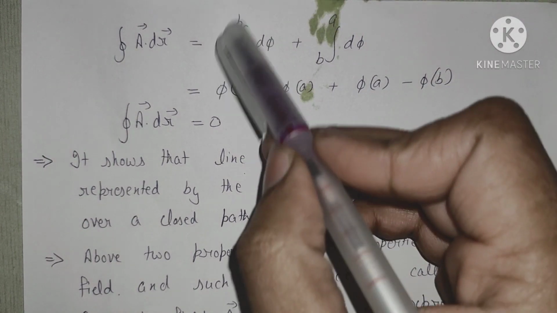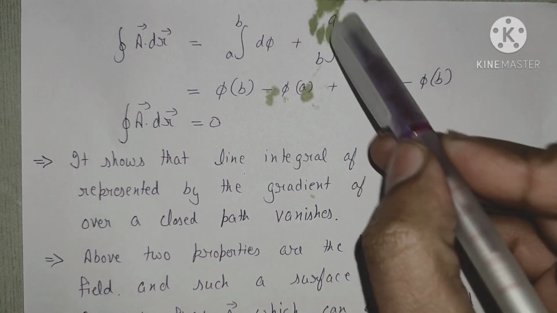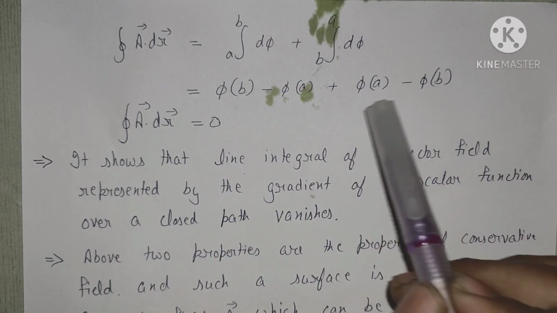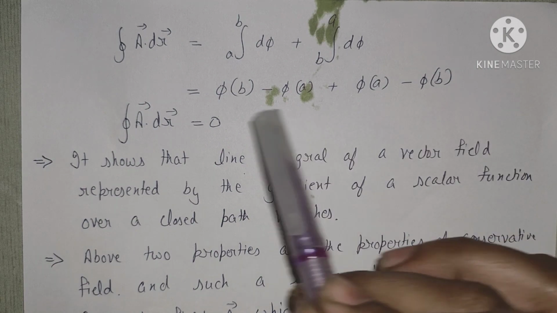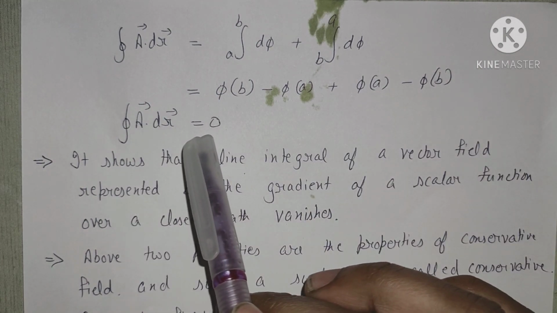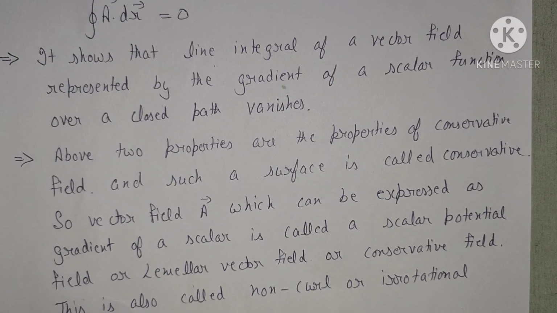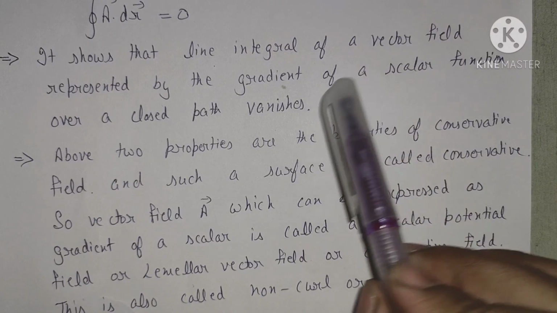So integration A to B d phi plus integration B to A d phi. Solving this, we get phi B minus phi A plus phi A minus phi B, these four values cancel out, which is equal to 0. It shows that the line integral of a vector field represented by the gradient of a scalar function over a closed path vanishes, and this is the second point.